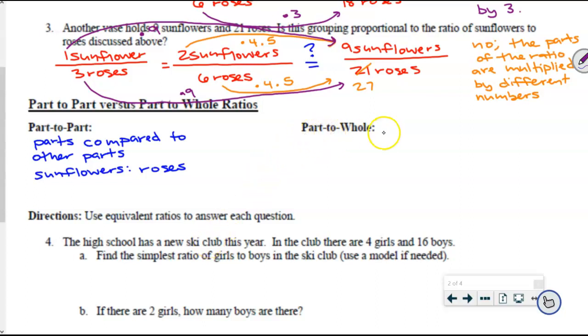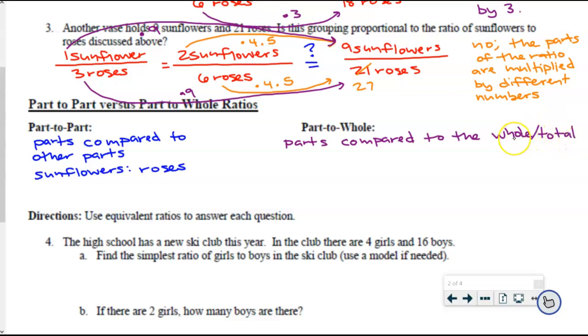A part-to-whole ratio is again exactly what it sounds like. It is parts compared to the whole or the total amount.